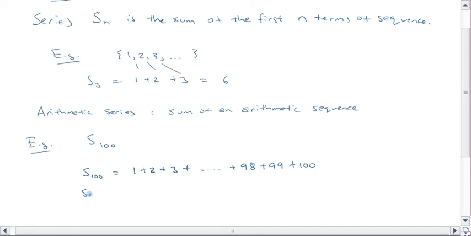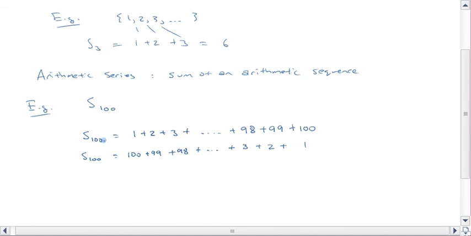I could also say, and you guys are going to think I'm nuts for doing this, and that's okay, you're free to think that if you like, I could also say S100 is 100 plus 99 plus 98, and you're thinking right now, well, Josh, writing it out the other way around isn't really going to help you, right? But down to 3 plus 2 plus 1, and you'd be wrong about that.